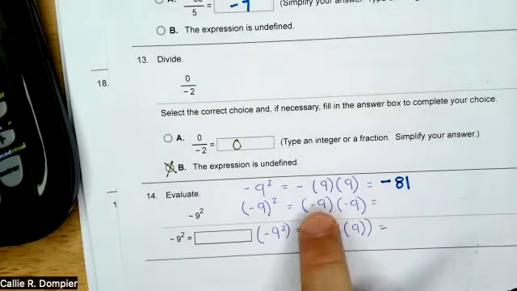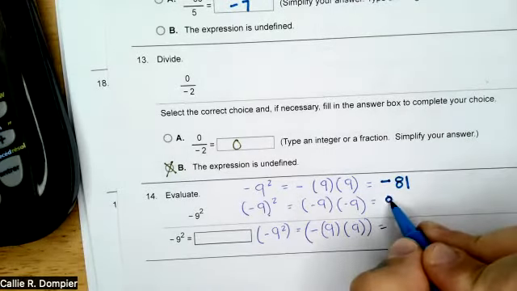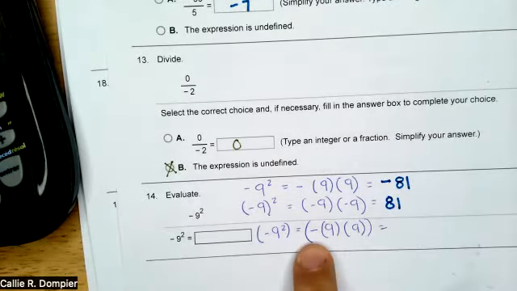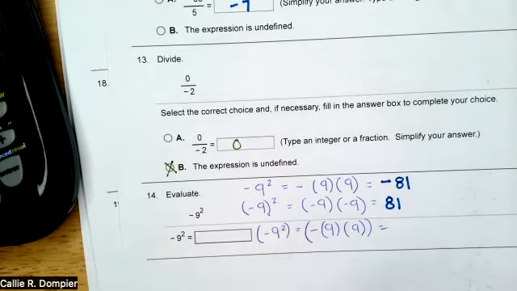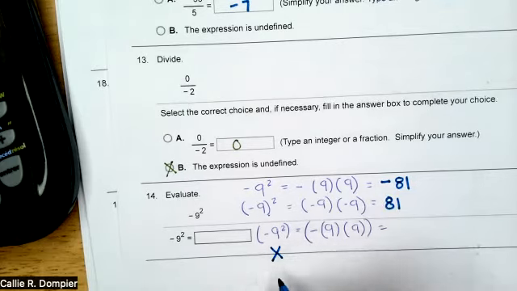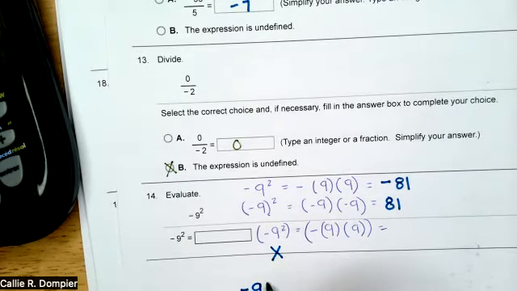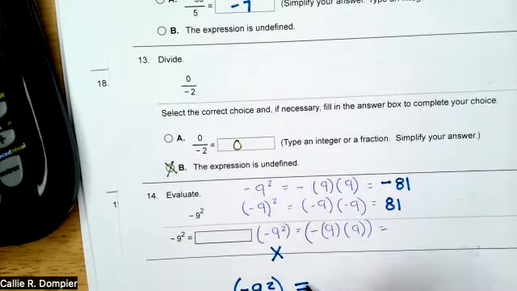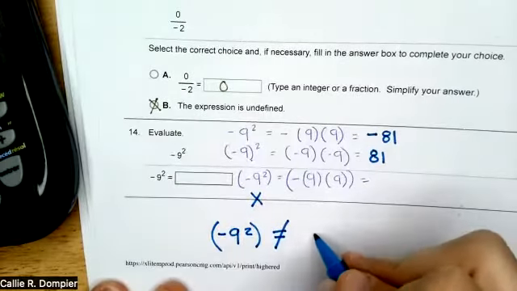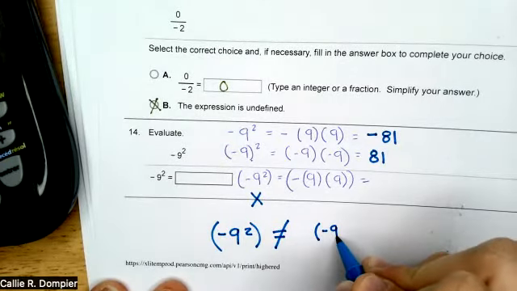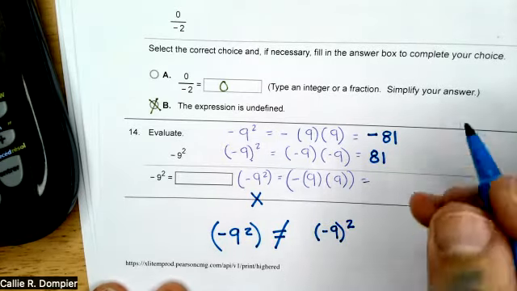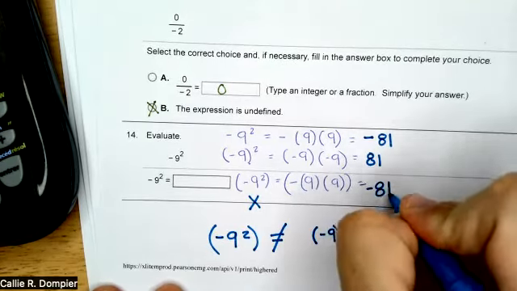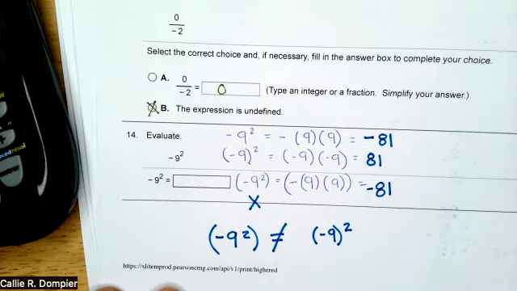Same numbers, but now we have a negative times a negative, so that's a positive 81. It's all in parentheses, so that is not the same as negative 9 squared. Negative 9 in parentheses squared is not equal to negative 9 with the 2 outside of the parentheses. That is still negative 81. Everybody okay with that?